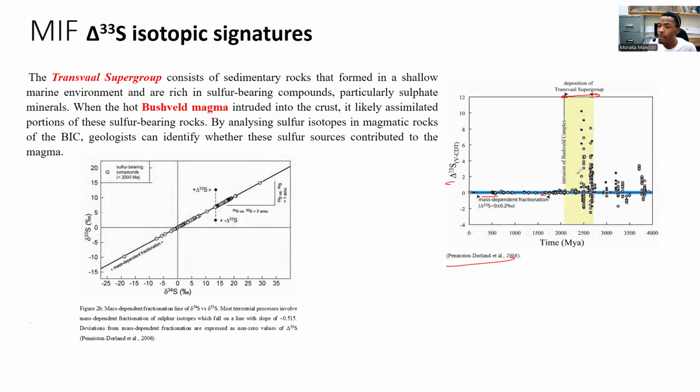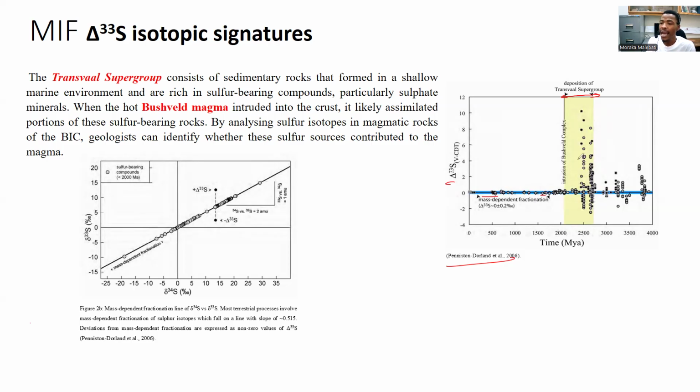But immediately when the Bushveld Complex intrudes the Transvaal Supergroup, the Bushveld Complex also starts to show these MIF signatures. We ask ourselves why, because we know that pristine Bushveld magmas are not supposed to show MIF values.